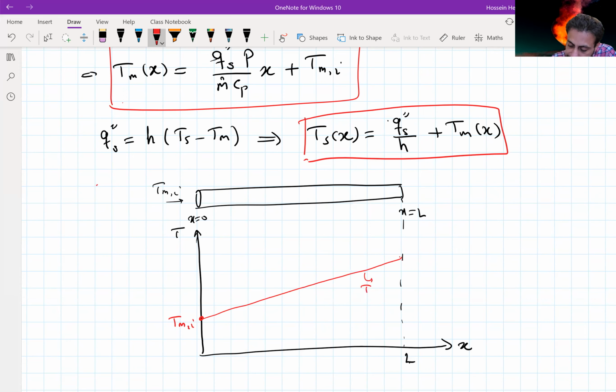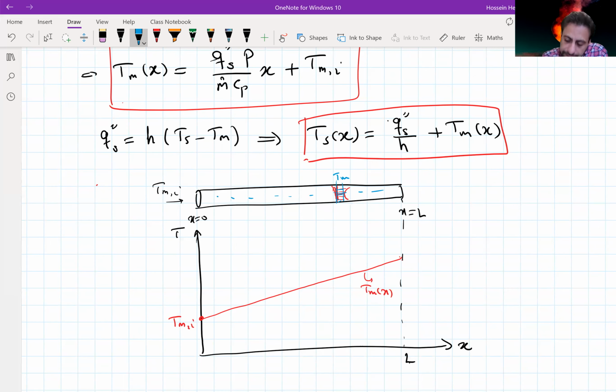So this is the variation of temperature along the pipe. Remember that for constant flux, we had this temperature profile changing with respect to r, and we said we would replace that with the mean temperature. So this mean temperature Tm is how it changes along the x direction, along the pipe.